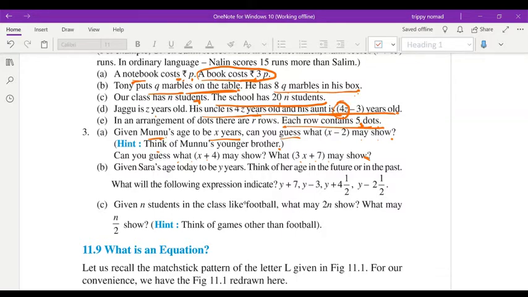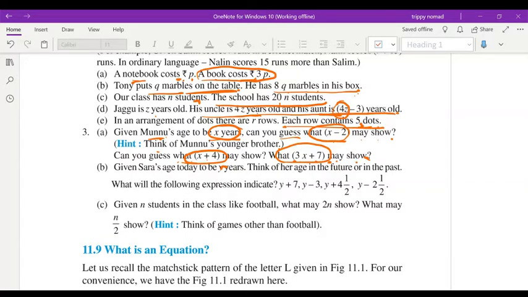That means Munnu's age is x years and his younger brother's age is 2 years less. And elder brother is 4 years more. That is x plus 4 is showing the age of elder brother, and this may be his mother's age, because 3 times plus 7 may be mother or father's age. So you may write like that.